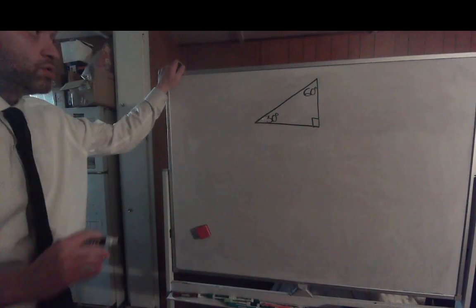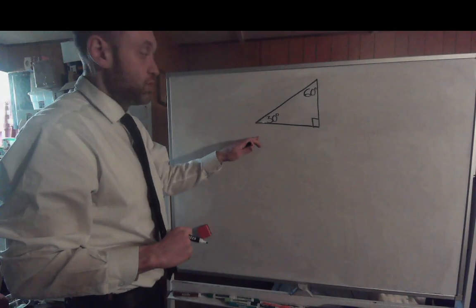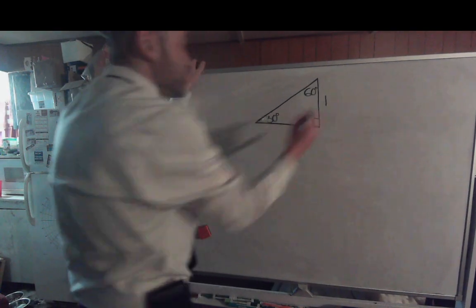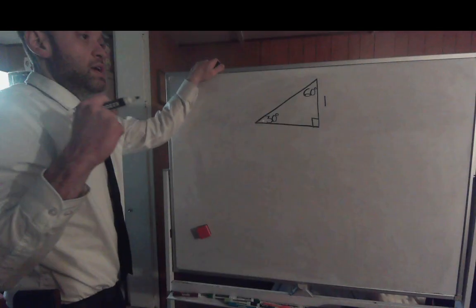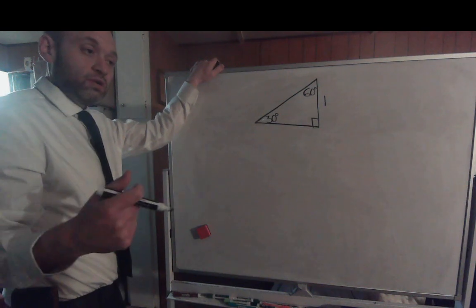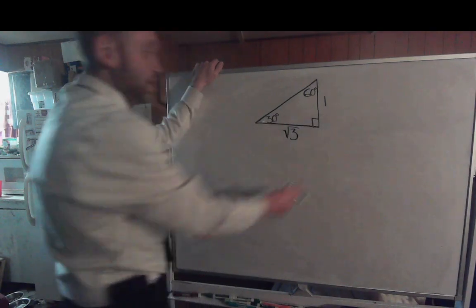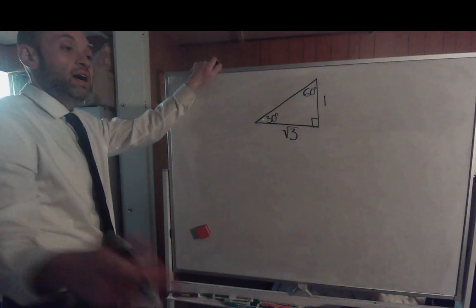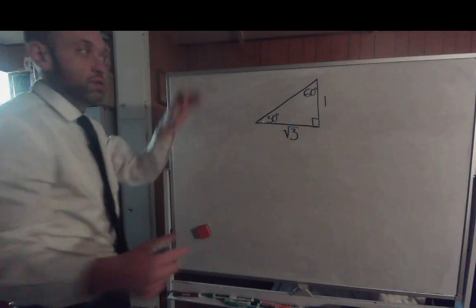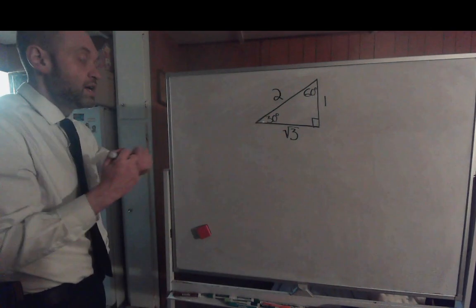In general, the shortest leg for a 30, 60, 90 right triangle is across from the 30-degree angle. We'll call that length 1 for an arbitrary unit. So the side opposite the 60-degree angle, the longer leg, is the square root of 3 times as long as the shorter leg. And then the hypotenuse, which is across from the 90-degree angle, is twice as long as the shortest leg.